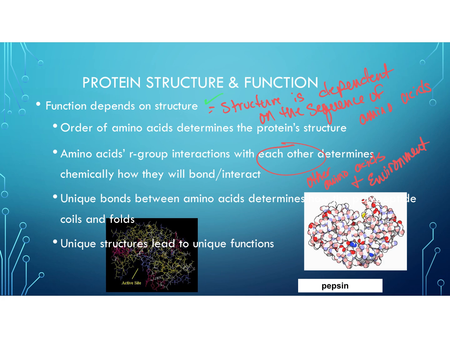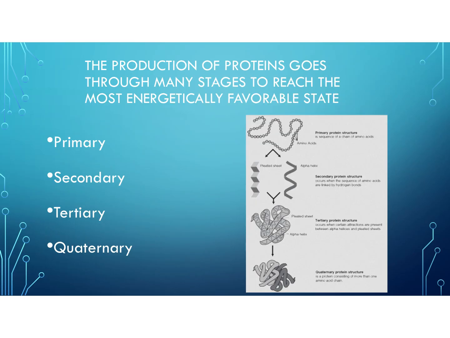The unique bonds between amino acids, such as peptide bonds, van der Waals, and electrostatic interactions, help determine how that protein is going to fold. And the structure leads to that particular function.